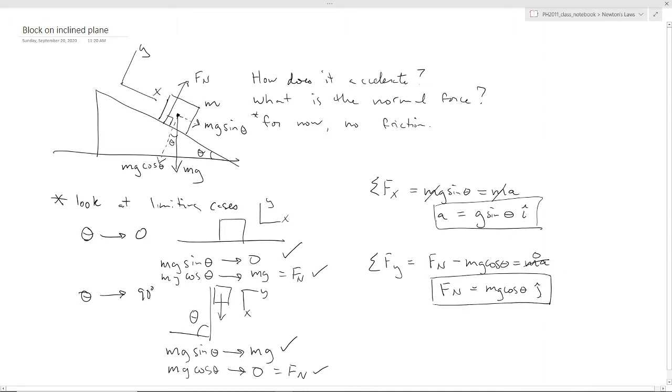It may seem right now that the normal force isn't that interesting, it depends on the angle. But being able to compute the normal force for different scenarios will be relevant when we talk about friction. So don't throw this out the window as being something that doesn't seem that important.